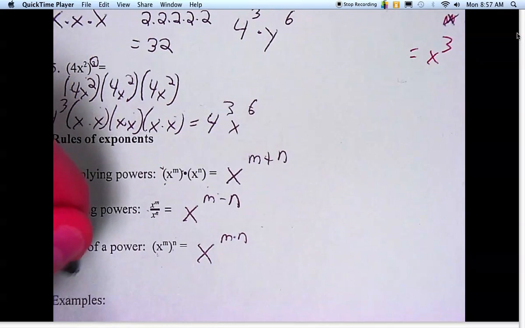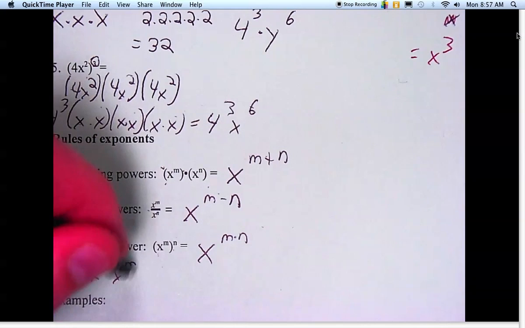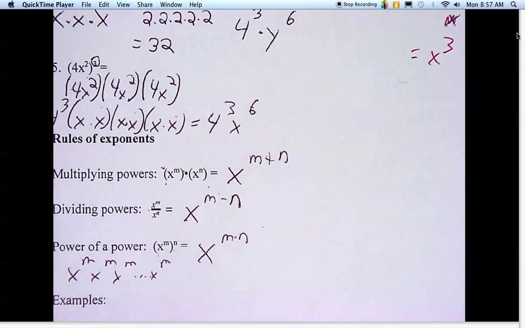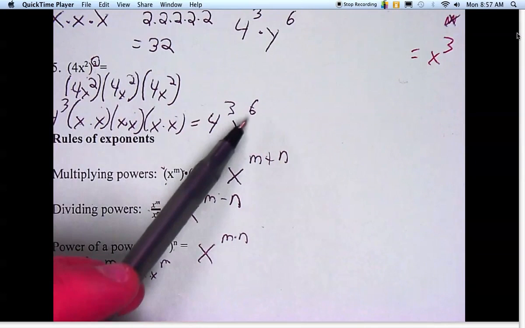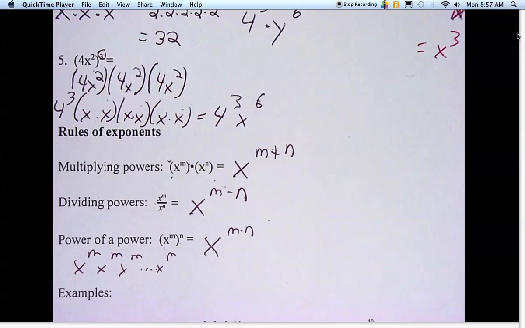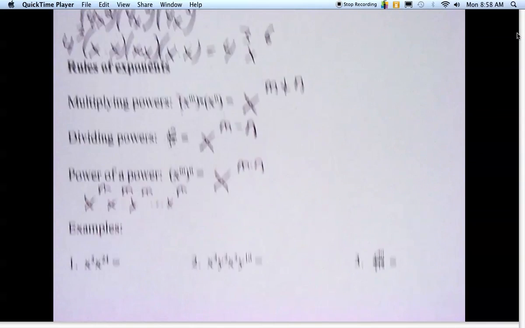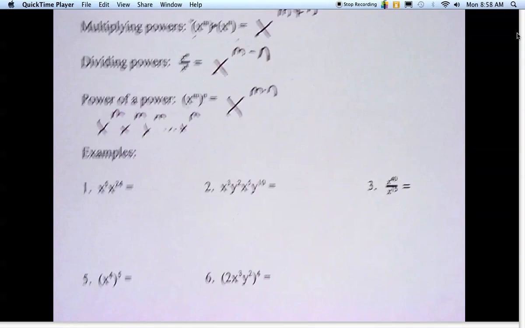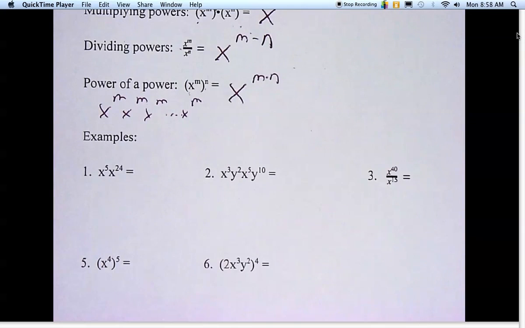And so when you have a bunch of x to the m's multiplied out n times, the short way to write that is just multiply m by n. Okay? And we can see that shortcut up here, x to the 2nd to the 3rd. The shortcut is just to multiply those 2 powers and get x to the 6th. Okay? And so let's do a few examples now, and then we'll try some practice as a class.